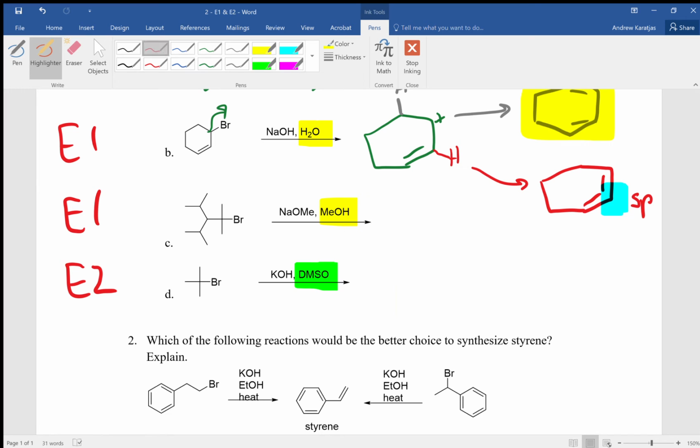Alright, part C, again, our leaving group leaves, giving us the very stable tertiary carbocation, which our base can then remove an adjacent hydrogen from.